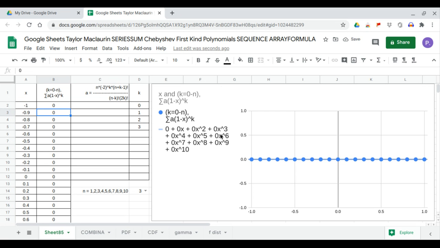So here we have the trendline equation, which is also known as the Chebyshev first kind polynomials up to the degree 10, and our trend line.